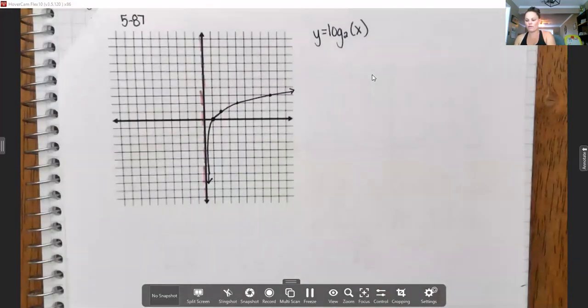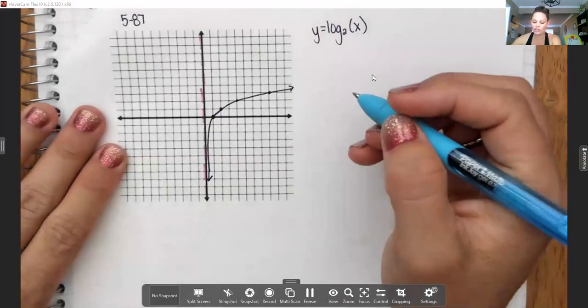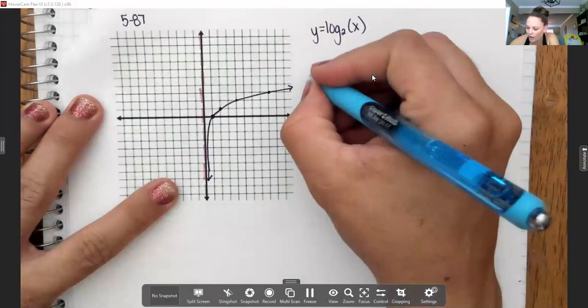So this is the graph of just y equals log base 2 of x. We already did that one, but I'm putting it on here so that we can see the transformations. So I'm going to use a different color here.